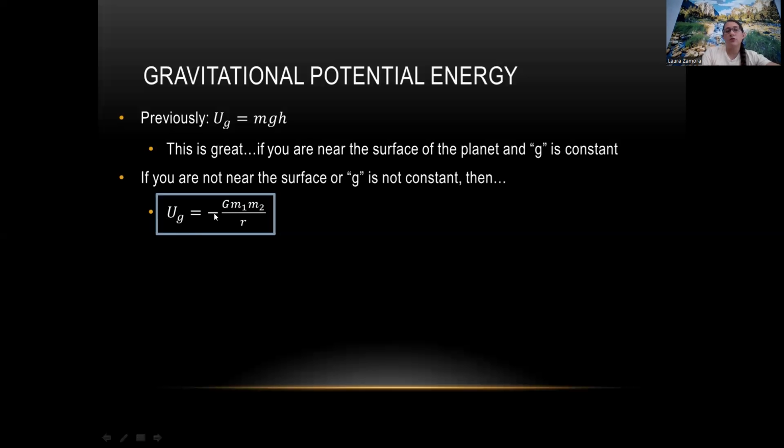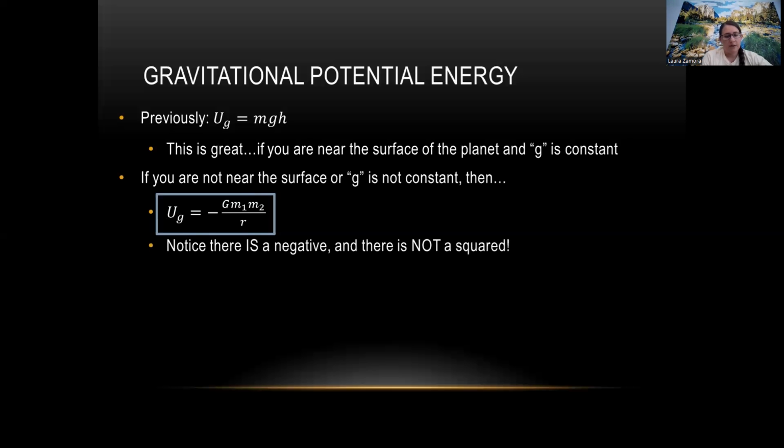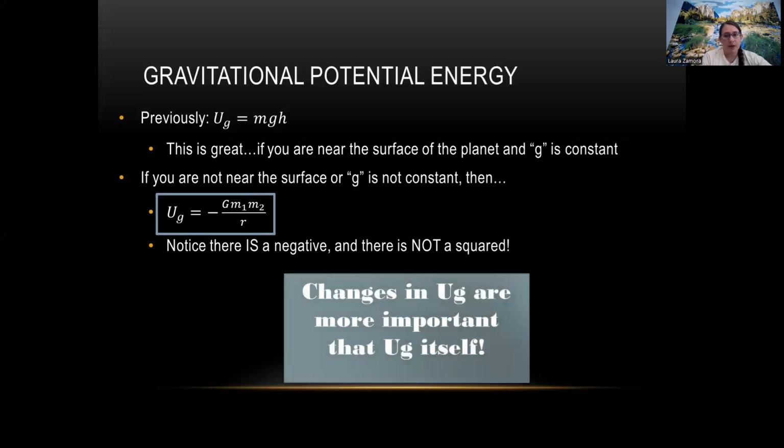Gravitational potential energy in space is now negative because it's attractive. Notice there is a negative and there is not a squared. And so really the changes in the gravitational potential energy are more important than a particular value itself.